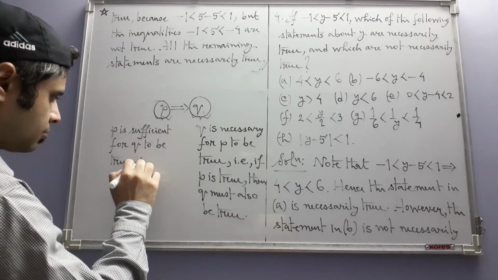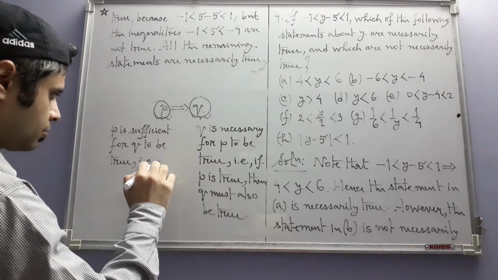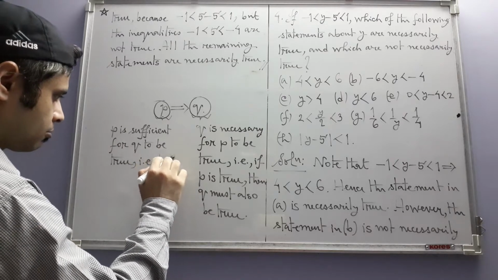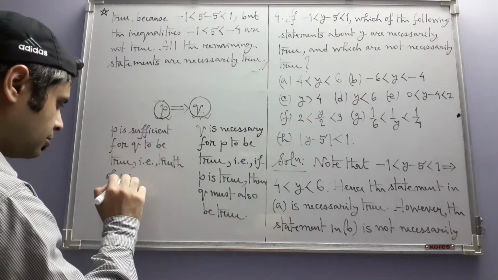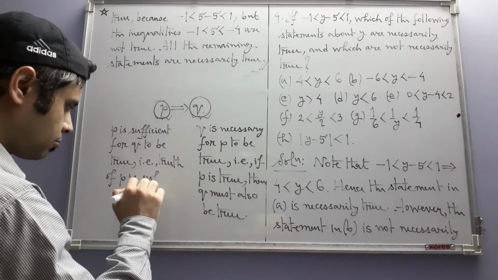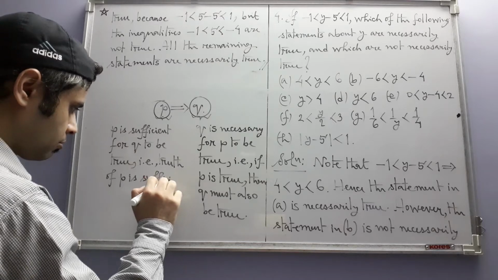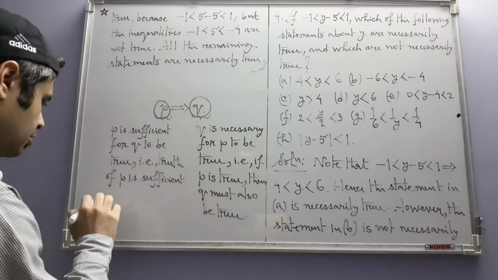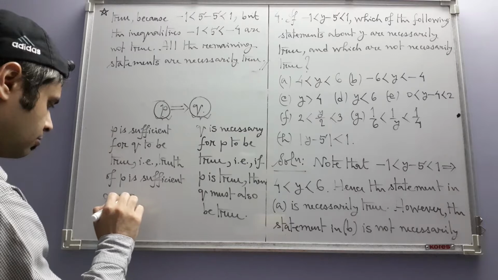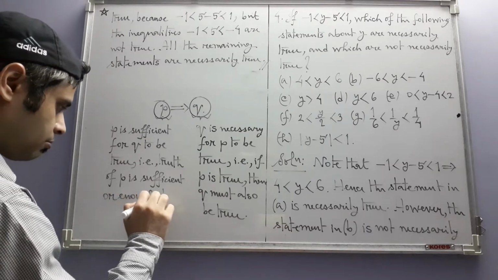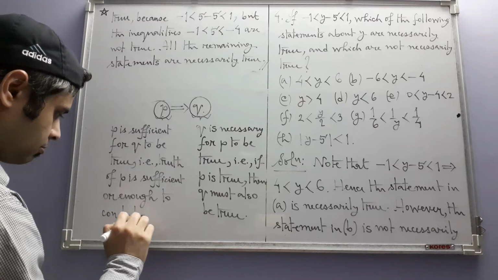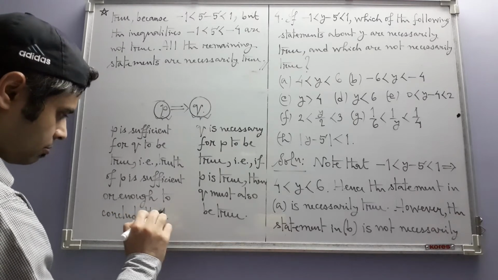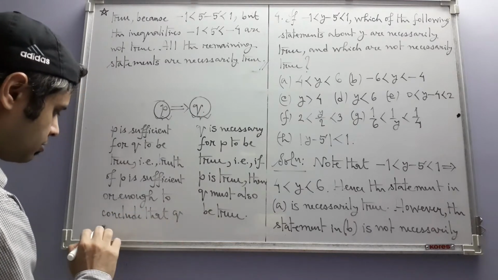That is, the truth of P is sufficient, or enough, to conclude that Q is true.